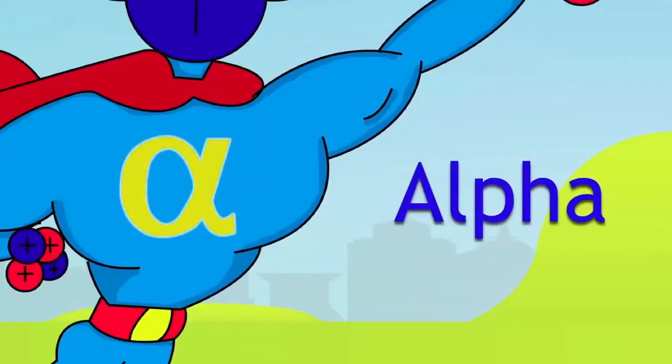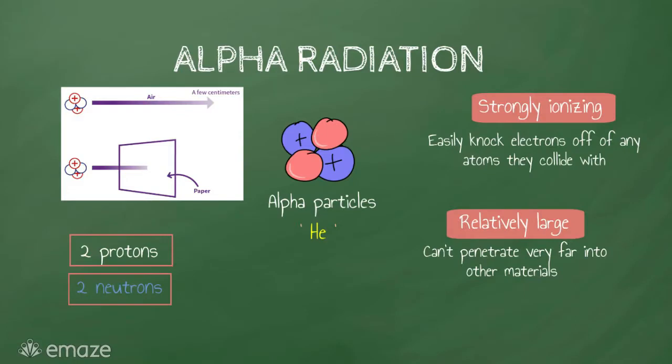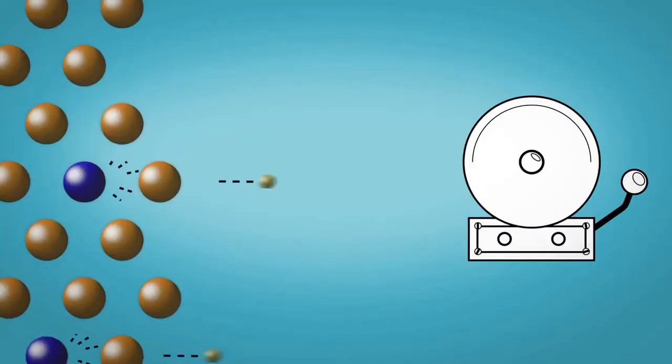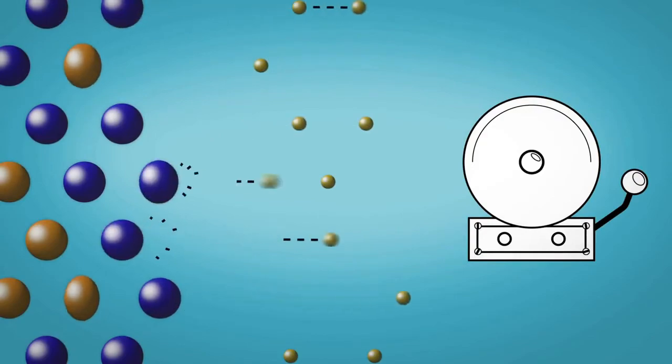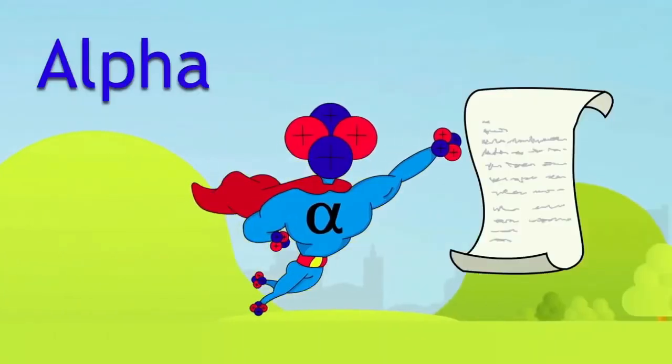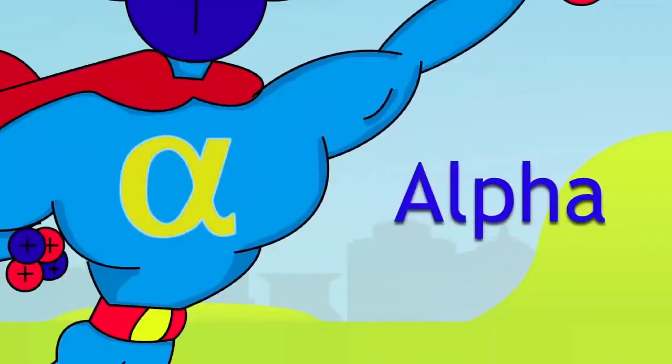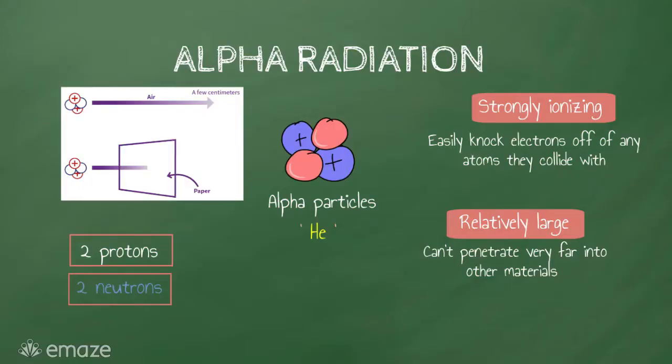Because they are relatively large, alpha particles are easily stopped by collision with other molecules, which means that they can't penetrate very far into other materials. In fact, they can only travel a few centimeters in air and are absorbed by a single sheet of paper. However, their large size and strong charge make them very strongly ionizing, which means they can easily knock electrons off any atoms that they collide with.